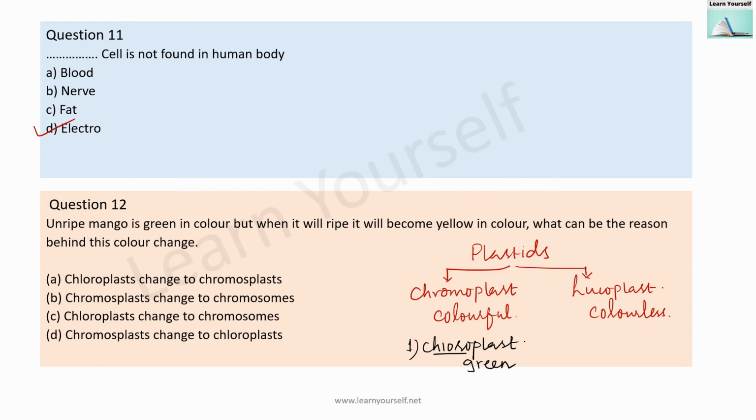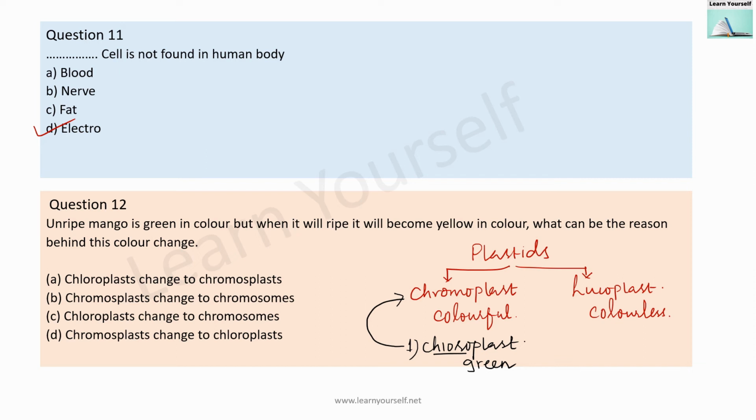Now here, when fruit is green, they have chloroplast pigment, but when they become ripe, this chloroplast pigment will become chromoplast, and the fruit will become colorful, or whatever color it obtains after the ripening stage. If it is a mango, then it will become yellow after ripening. If it is a tomato, then after ripening it will become red.